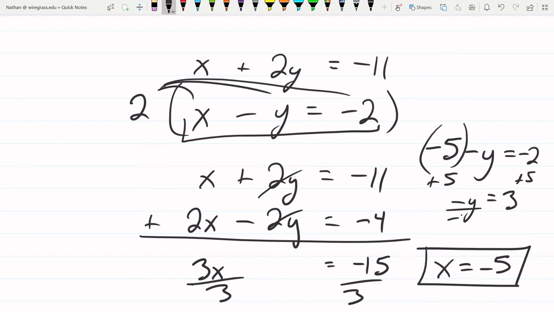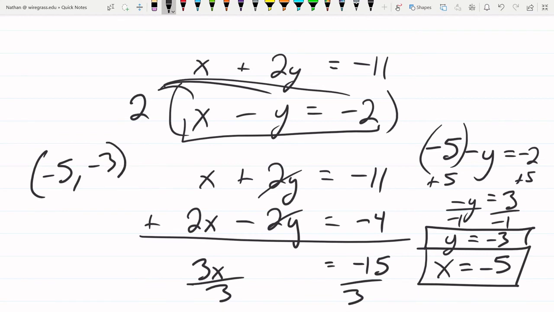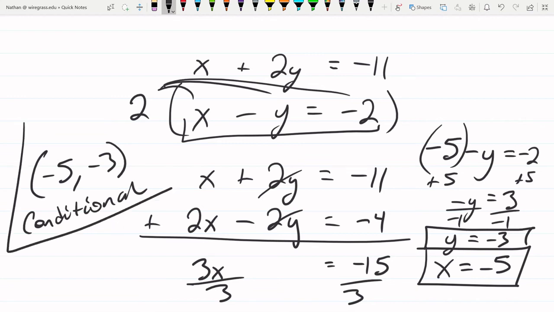And then divide by -1, giving me y equal to -3. So my solution is -5, -3, which is a consistent system. It's got a single solution, which is an ordered pair. That means we have a consistent system right here.